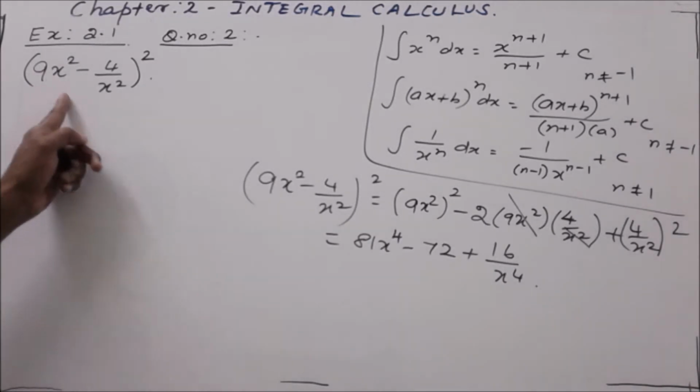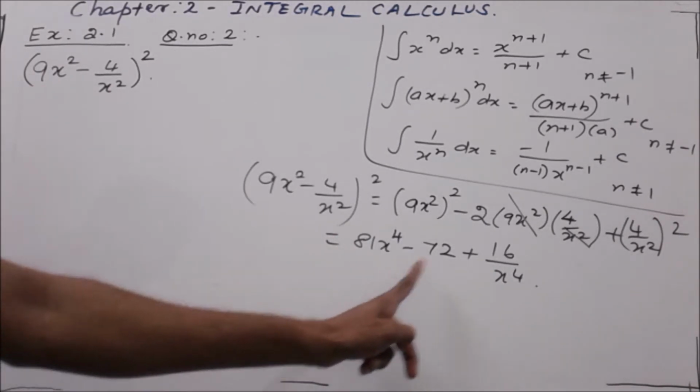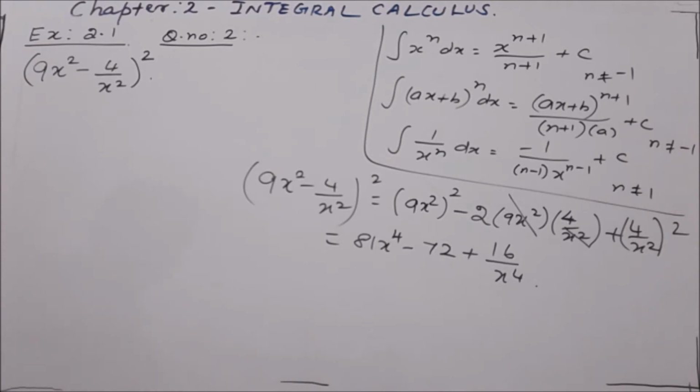Here this is equal to 81x power 4 minus 72 plus 16 by x power 4.